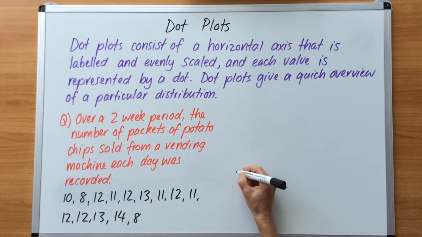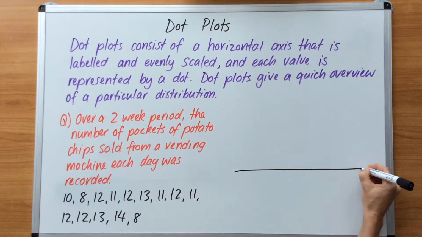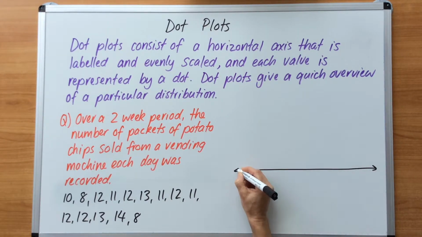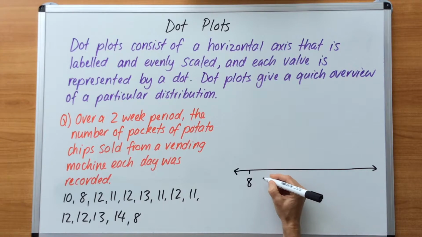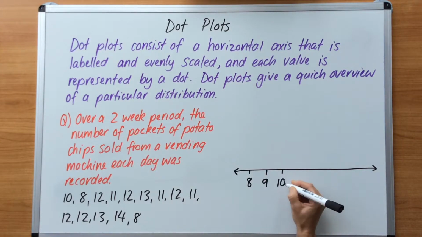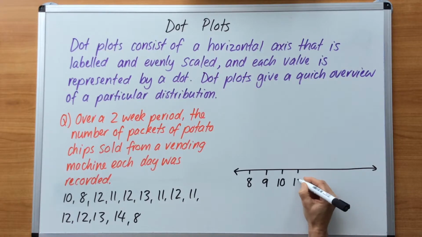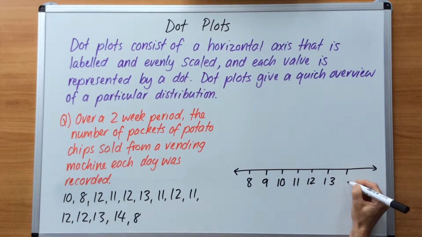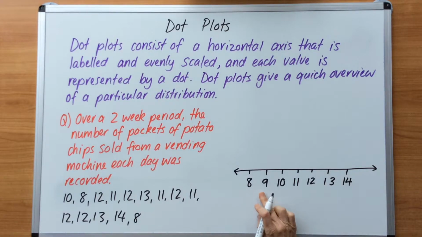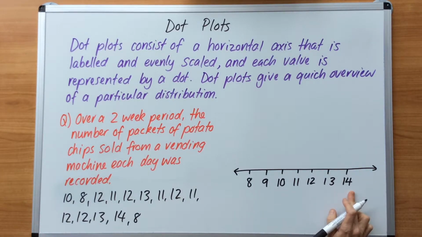So we have to draw a horizontal line. That's our axis. And the smallest number is 8. And we've got to go all the way up to the biggest number, which is going to be 14. 8, 9, 10, 11, 12, 13, 14.